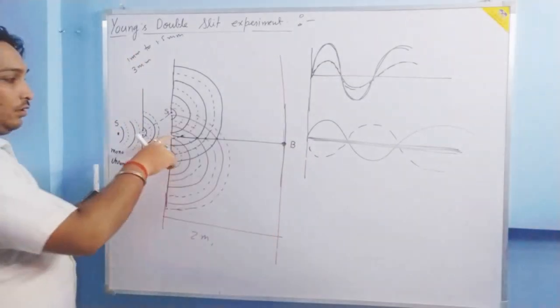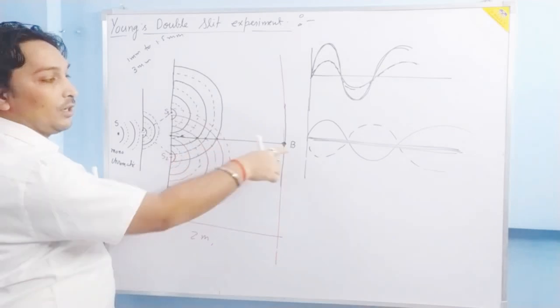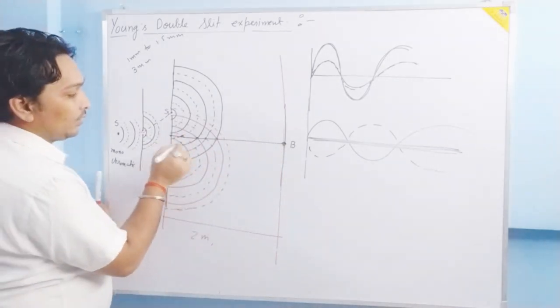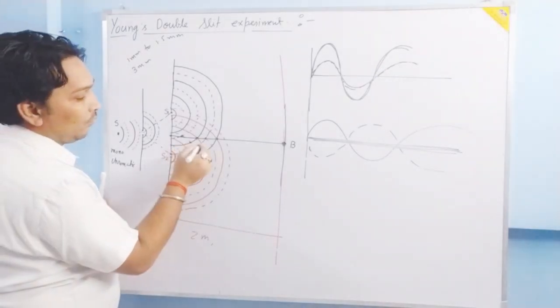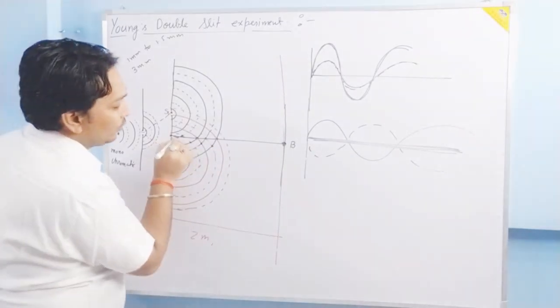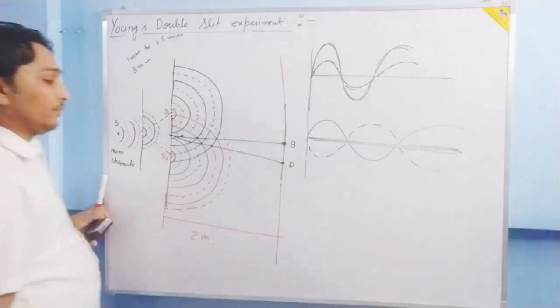Is it clear? The trough are meeting, crust are meeting, trough are meeting, crust are meeting. So we have bright light. But just below that, just see over here, one trough and one crust. One trough, one crust. So what we are going to have here? Here we are going to have a dark light.